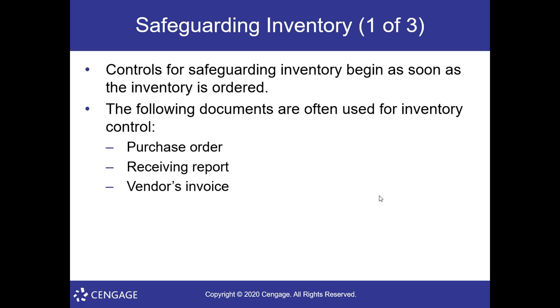This packing slip has the item description, part number, and quantity. It does not have price. The receiving personnel then count, ensure that the quantity that was shipped was indeed the quantity that was received, and then that report gets forwarded to the accounting department.